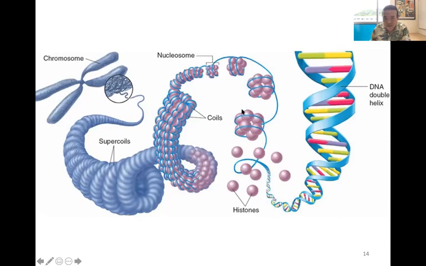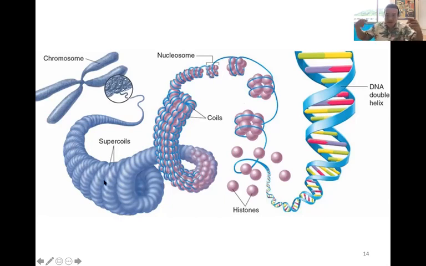And even though the cartoon doesn't show it here, these histone proteins have their N-terminal parts of the protein sticking out from inside the core, and those can be modified to control how tightly or how loosely the DNA is wrapped around this. So then this beads on a string begins to wind upon itself to form these coils. And another way of thinking about it is you have these coils that form that can then also bunch upon itself as supercoils.